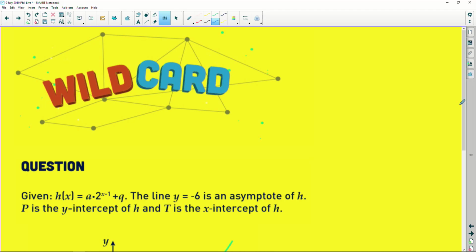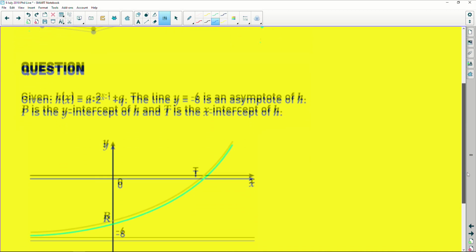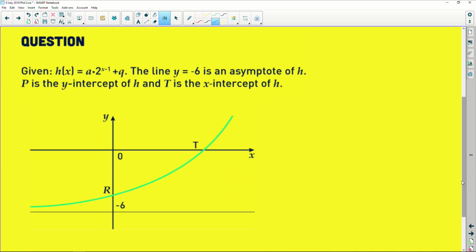It says, given that h of x is equal to a multiplied by 2 to the power of x minus 1, plus q. Okay, so that's what this graph is over here. The line y equals negative 6 is an asymptote of h. That is very important.